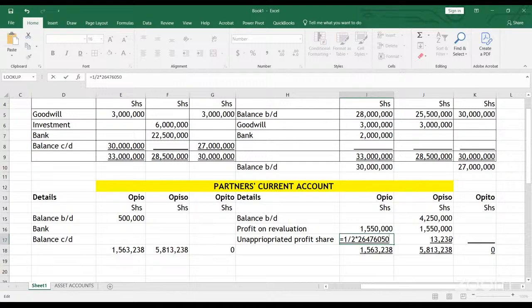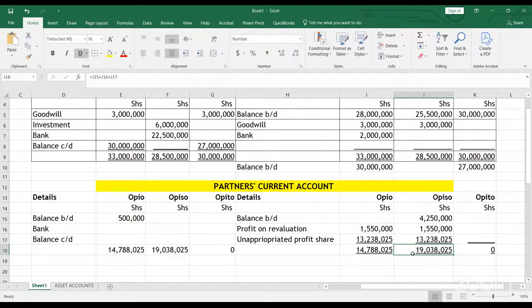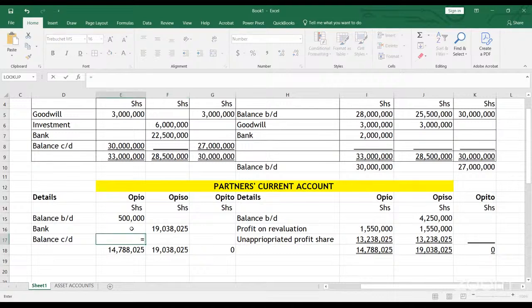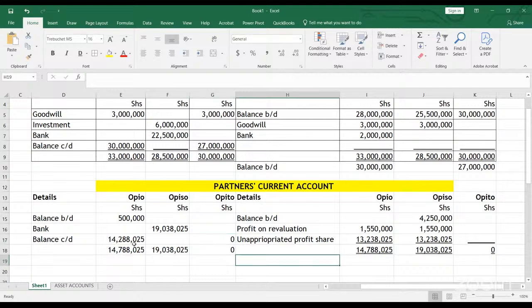As per the question I shared, because that's the original question, the one I shared in the group today, you need to change the figure in the book to the annual profit figure. So Opiso will get this amount on retirement. Opiso has no balance on the current account.